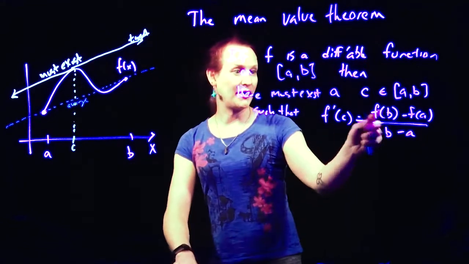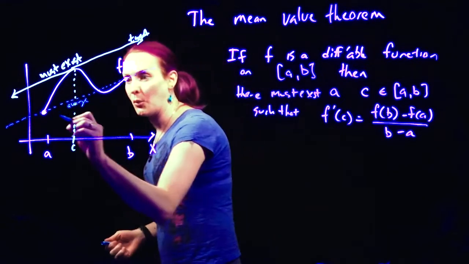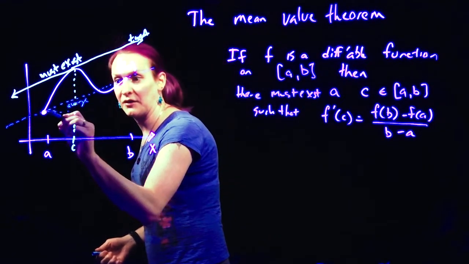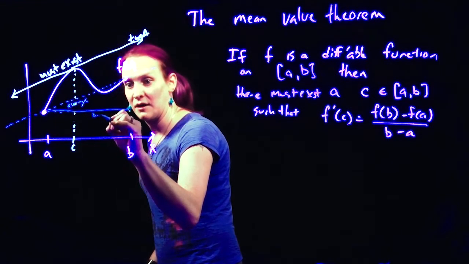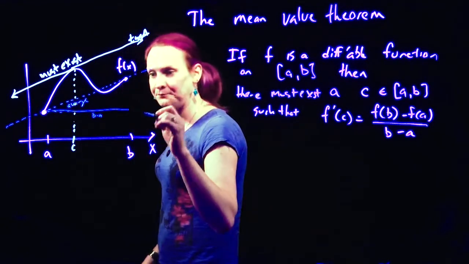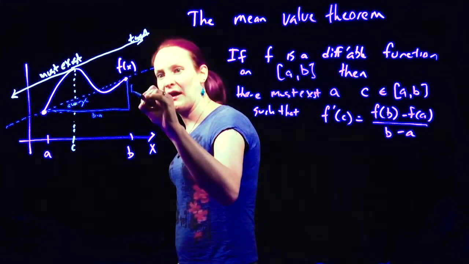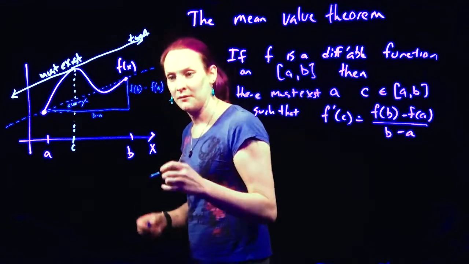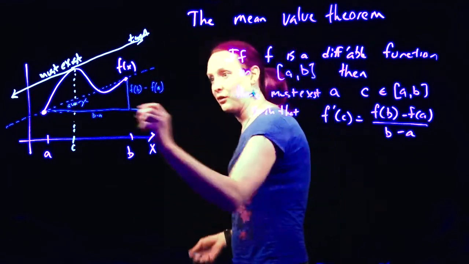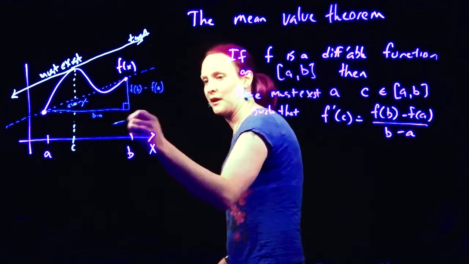So if you want to see the f of b minus f of a, b minus a on this diagram, well, this distance along here is b minus a. And then this height right here is f of b minus f at a. So it's literally a rise over run argument on this line right here.